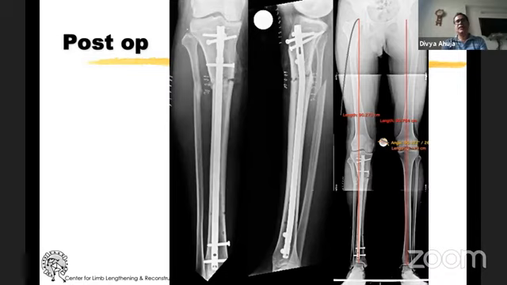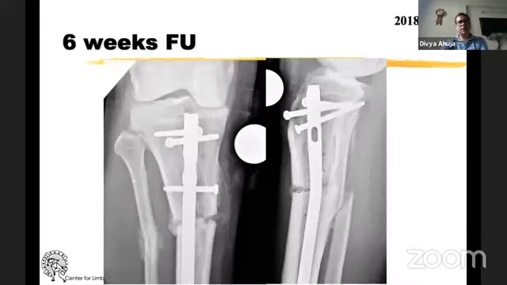The HKA there is 182, which is probably from the distal femur. The MPTA here is 88. So at 6 weeks, because this was done pretty minimally invasive, this was closed, the lateral cortex is already healed, and the medial is healing as well with the cancellous graft.